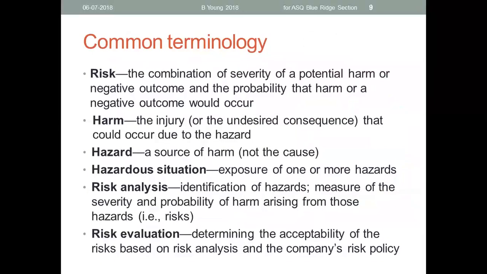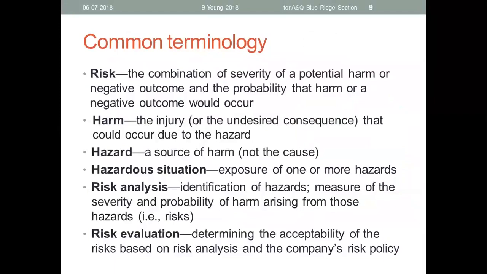Those are the only two components of risk. They can be applied in many different applications, but the severity and the probability are the two things that you will want to measure in order to evaluate what your risk is and whether that risk is acceptable.